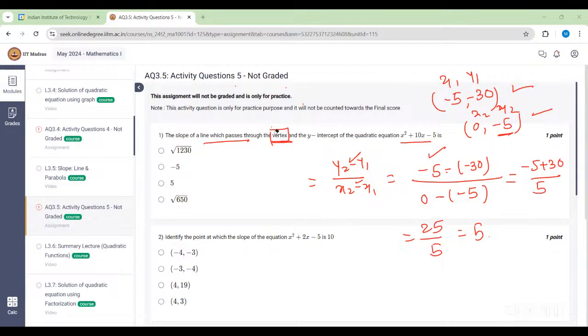So you want me to re-change the y1, y2? No, ma'am, I want you to tell how you reached 0, minus 5. The x2 is 0 here. So you have to find the coordinate points, right? If the y-intercept is given, the y-intercept is the point where the parabola intersects the y-axis.